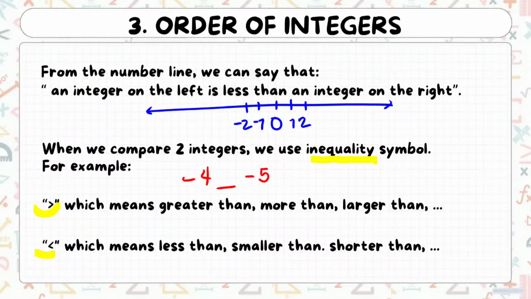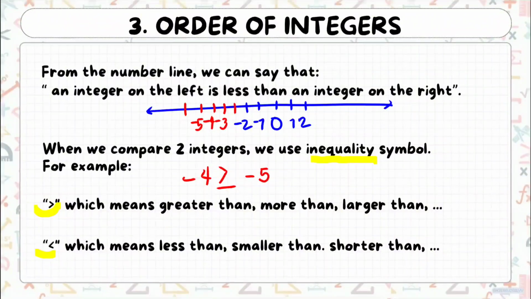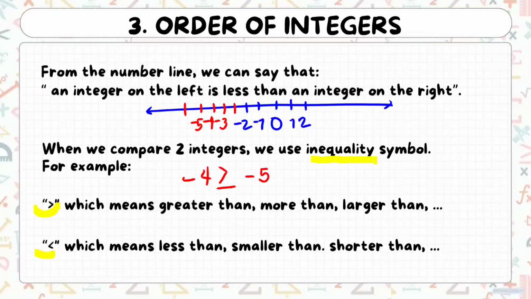Since an integer on the left is less than an integer on the right, we could say that -4 is more than -5, because if we draw or continue the number line here, -3, -4, -5, we can find that -5 is on the left side of -4, which makes -4 a bigger number.